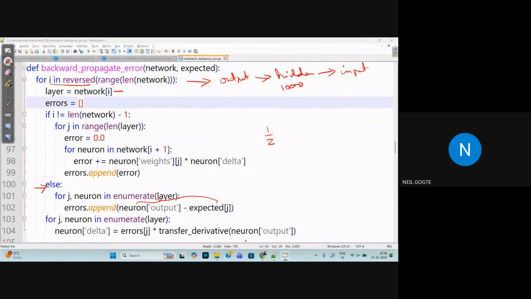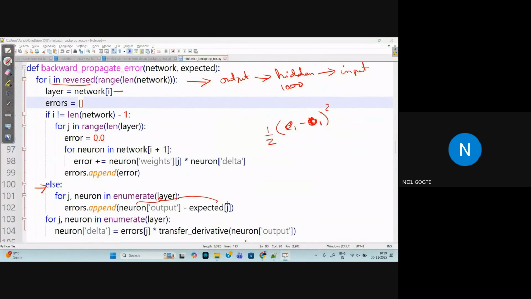You remember 1 by 2, we had O1 minus E1 the whole squared, or rather it was E1 minus O1 the whole squared. This was the error, and this is the first derivative of the error. If you take the derivative and reverse the sign, this alone will give the first derivative of the error.